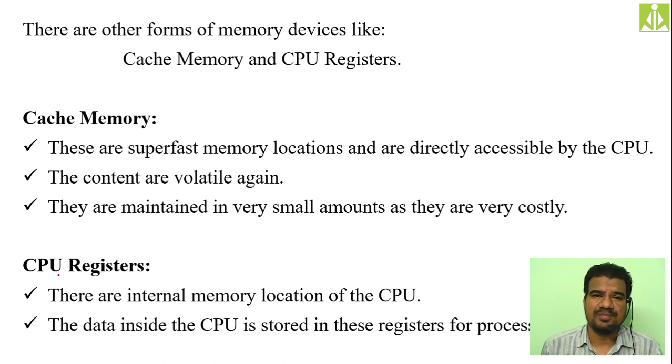Our input devices, output devices, or other storage devices are very slow. So in between, we maintain buffers, and this cache memory is one such type. It will act like a buffer between the slower devices and the faster devices.